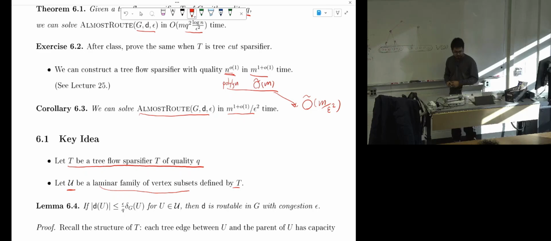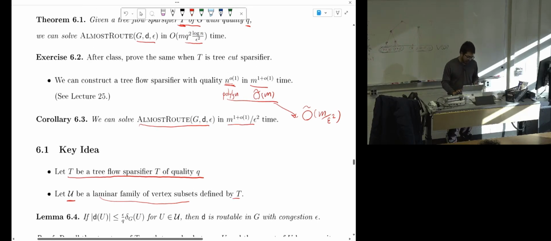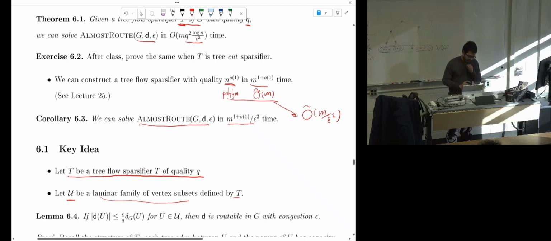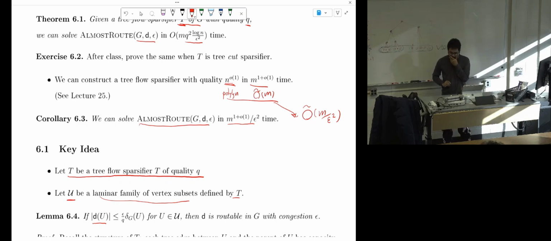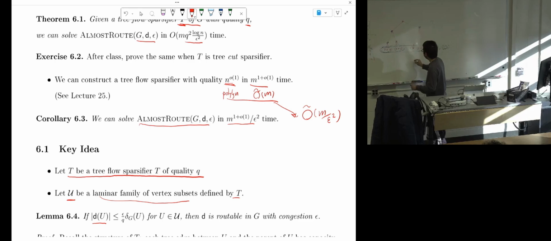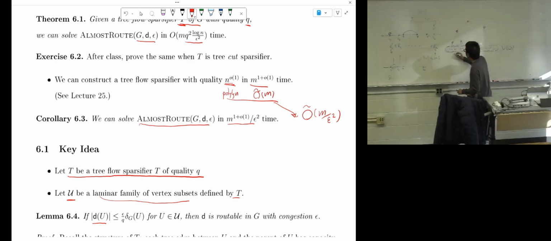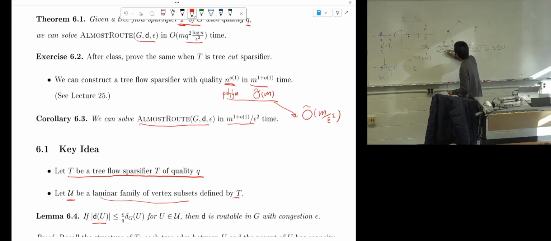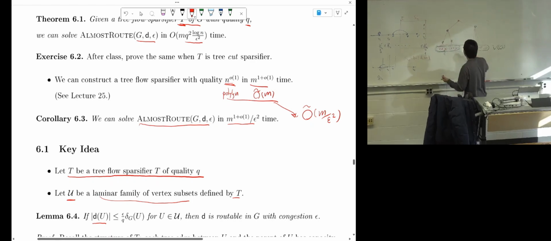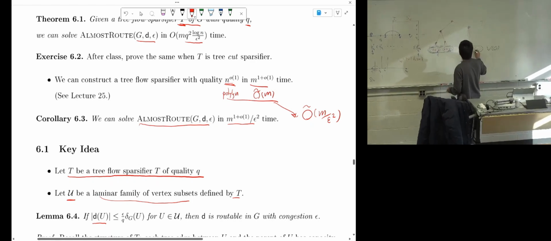Okay. And now here's the thing that we actually know. Suppose that there's some demand. Imagine that I have the demand D, maybe plus 1 here, minus 1 here, plus 2, minus 1, maybe.